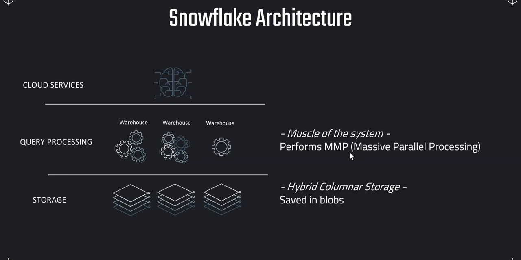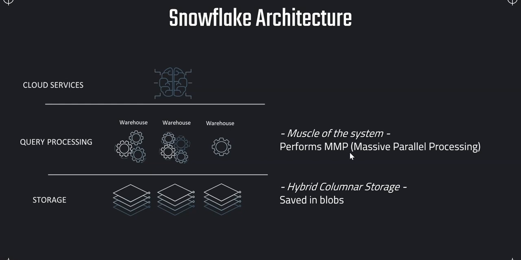So they are not to be confused with actual warehouses or data warehouses in the context of ETL processes, but they are just basically virtual compute resources that are used to process the queries and all of the operations that we are executing. So therefore, we call this layer the muscle of the system.